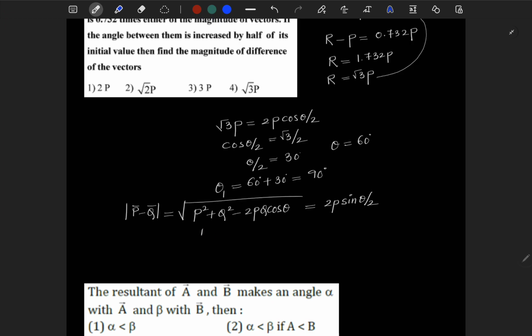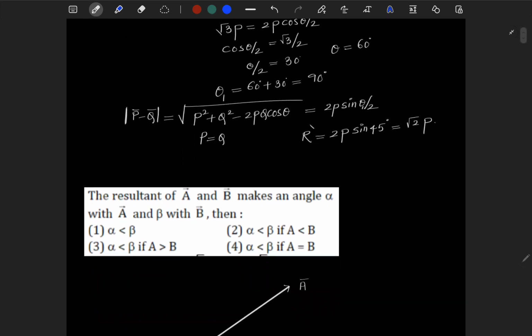As you can see that P and Q are same, so the magnitude of difference of two vectors P bar minus Q bar is 2P sin theta by 2. We are supposed to find this, which we can call R dash. So 2P into the new angle, sin theta 1 by 2, so 2P into sin 90 by 2 is sin 45 degrees, and the value of sin 45 is 1 by root 2. So the answer becomes root 2 P, which is option 2 for this question.